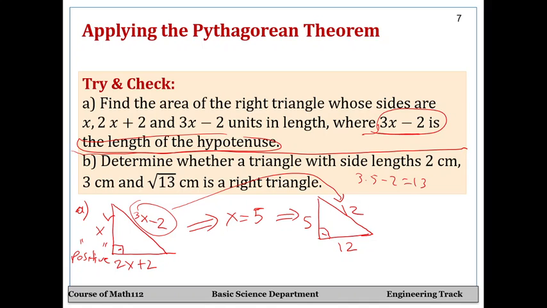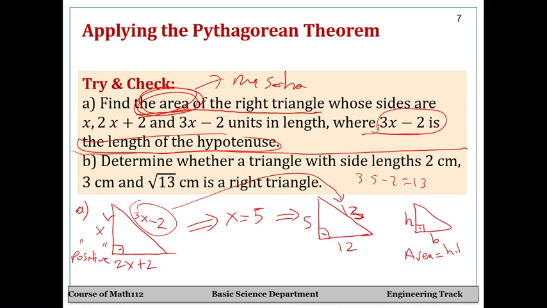Okay, it's asking for the area. Area means musaha here. So how do you get the area here? The area formula for the triangle is base times the height divided by 2. The area is equal to h times b over 2. So I will use the same thing here.